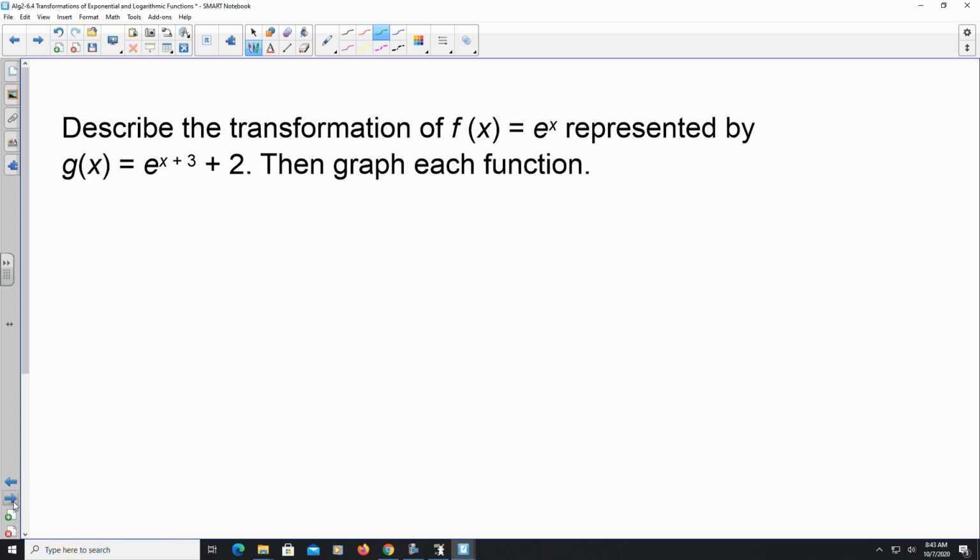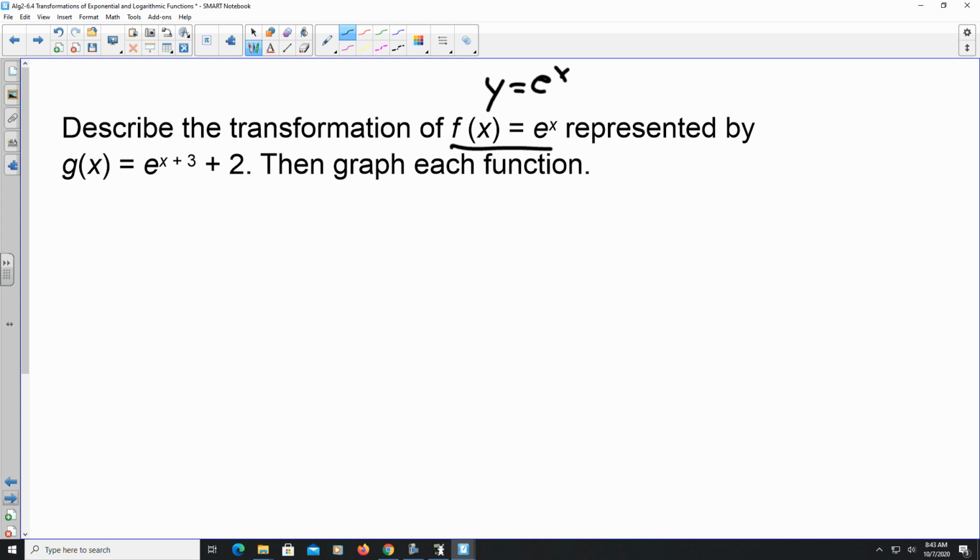Looking at this one, it says describe the transformation of y equals e to the x power, represented by g of x equals e to the x plus 3, plus 2, and then graph the function. So I'm just going to write it as y equals e raised to the x power.